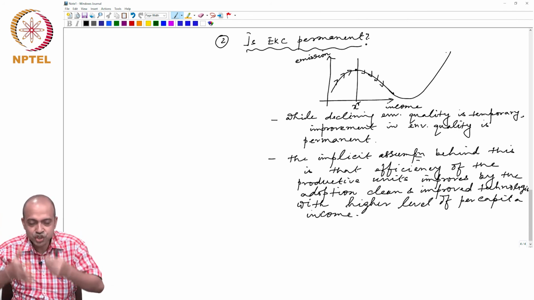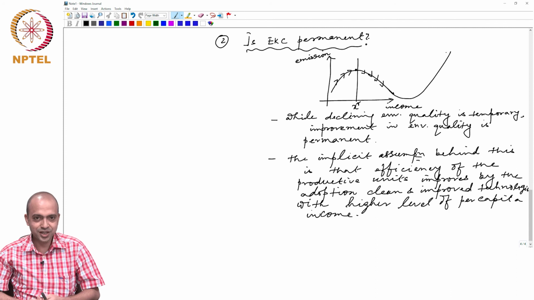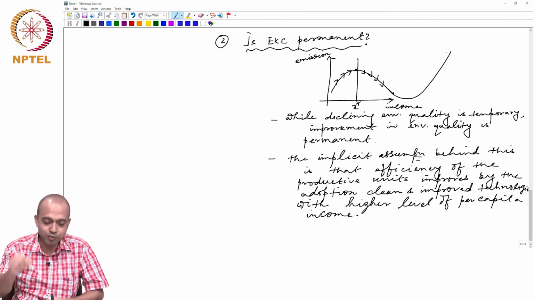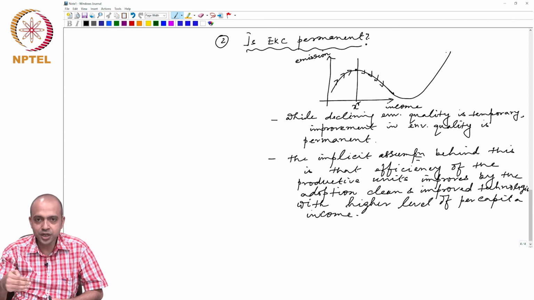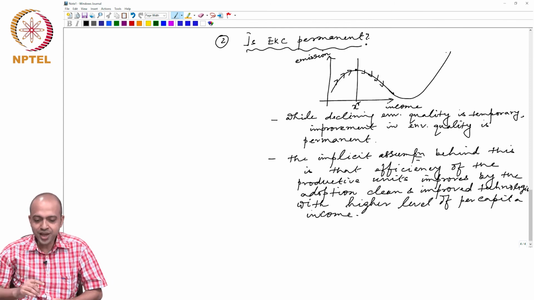And in that transitional period, when the cost of abatement is too high, and the economy is still looking for the next level of technological innovation, then pollution per unit of output will again go up and we will see an upward swing in that EKC. That means, what we assumed earlier, that the fall in emission or the downward sloping portion of the EKC is permanent, is actually not true. Okay, which is actually not true.